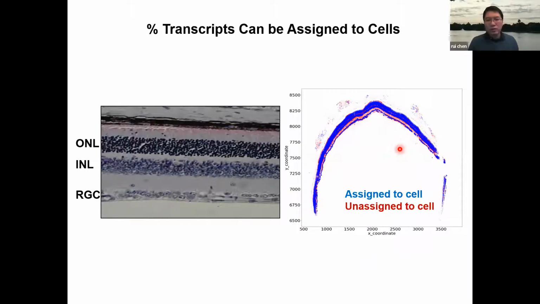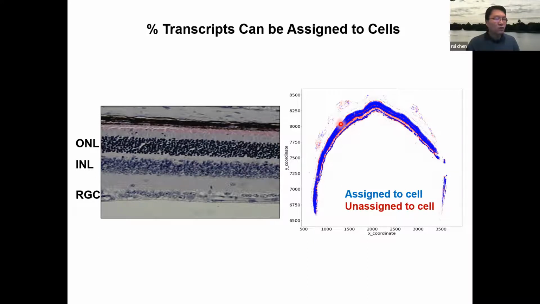After segmentation, we can assign individual transcripts to cells. This is the histology of the retina. You can see the outer nuclear layer, inner nuclear layer, and the RGC layer, with basically empty space in the middle for the plexiform layers, with occasionally some cells. This is the entire section of the retina.